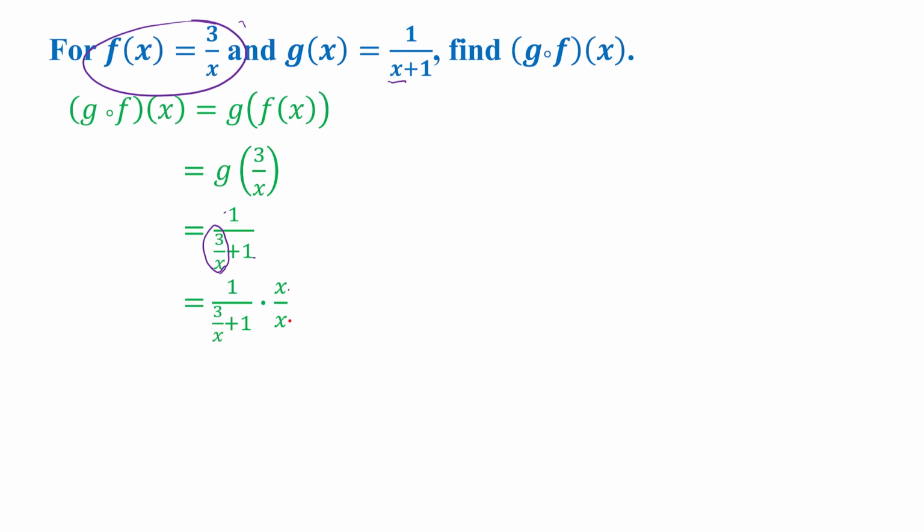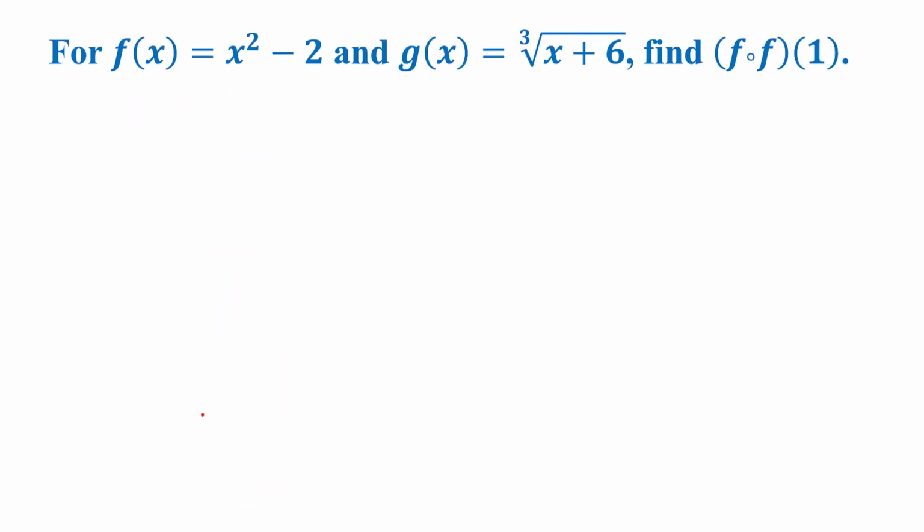So we multiply by x over x. So what does this do? That gives us 1 times x here, 3 over x plus 1 times x here. 1 times x is x. Distributing x through to 3 over x gives me 3. Distributing x through to 1 gives me x. So my final answer here would be x over 3 plus x.